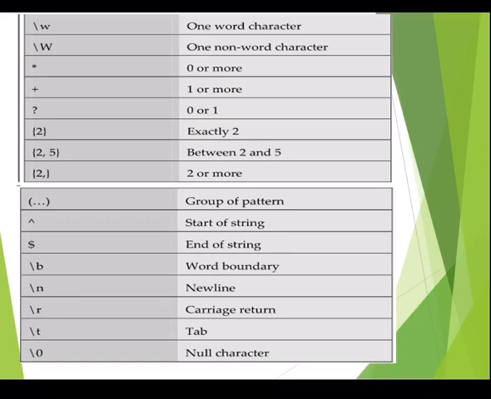Then star means 0 or more. Plus is for 1 or more. Then question mark is 0 or 1. {2} will check if your string contains exactly 2. {2,5} means it will check if the digits in your string occur between 2 and 5 times.